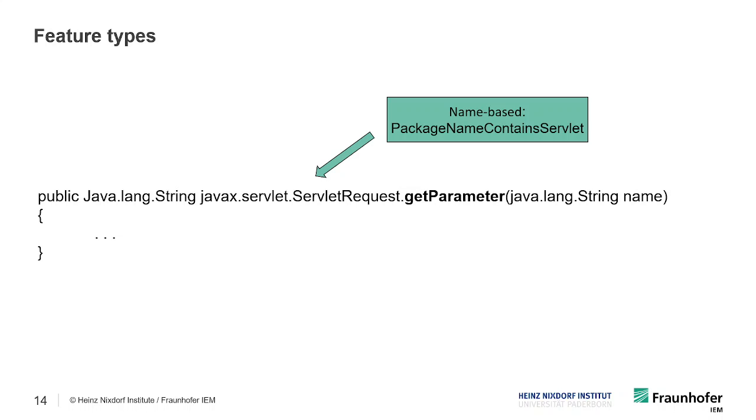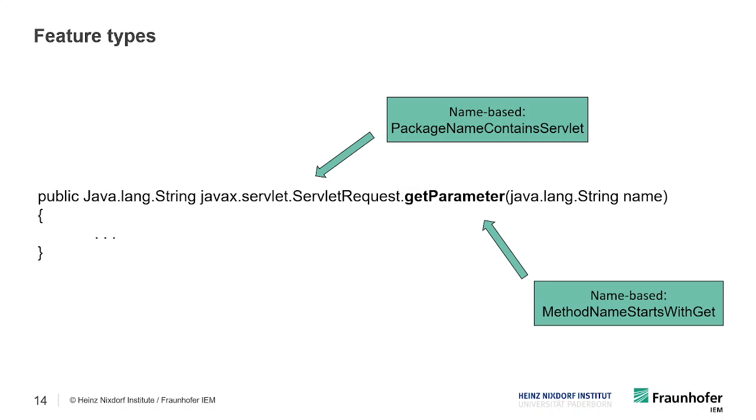Another example is name-based for method names. So we have a feature type method name starts with, and then we can create a specific feature instance, for example, for the keyword get. So we can have method name starts with get, and for this example, we will answer yes for get parameter.